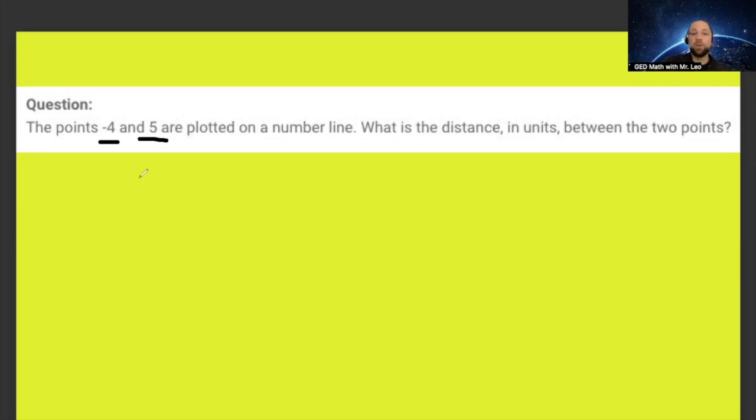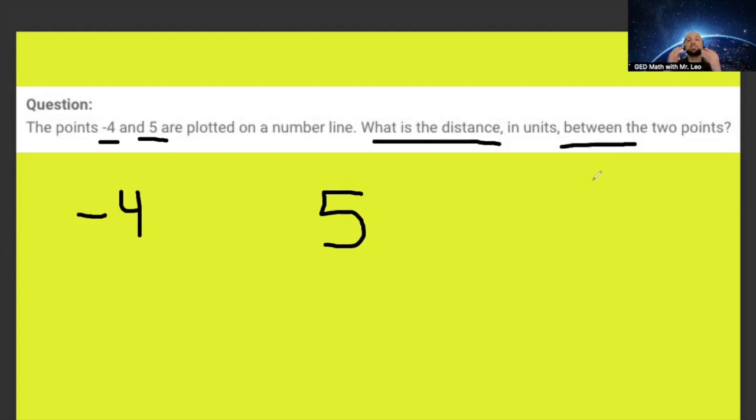All right, we've got 2 points. We've got 2 numbers. We've got -4 and we have 5. Question, what is the distance between the 2 points? Now, what is that about? Distance between. This is about difference. Difference is subtraction.